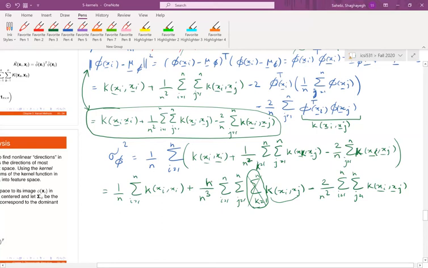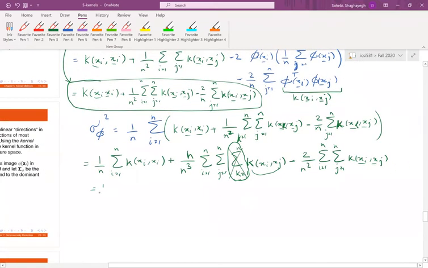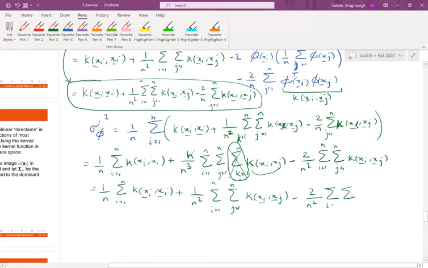So basically, it will be equal to 1 over n sum of k xi and xi plus 1 over n squared, because these will cancel, sigma i equals 1 to n, j equals 1 to n, k of xi and xj, minus 2 over n squared, i equals 1 to n, j equals 1 to n, k of xi and xj.